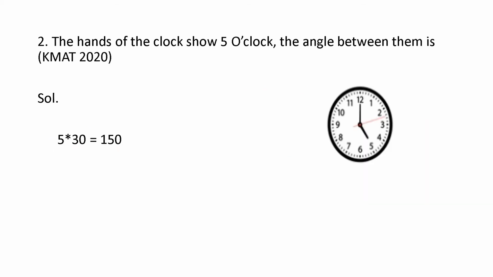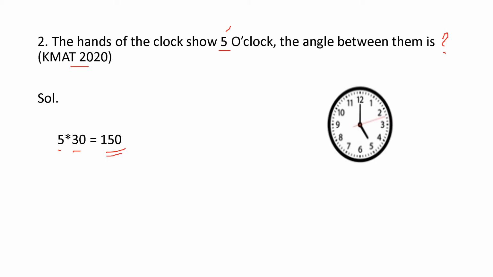Here is the second question. The hands of the clock show 5 o'clock. The angle between them is, that is what we have to find. And this is a question which has been asked for the 2022 KMAT entrance. So 5 o'clock. Here just directly multiply that 5 with 30 and 150 is the answer.